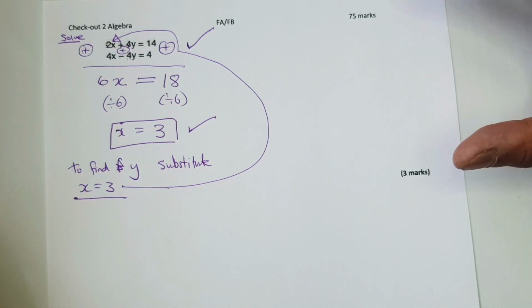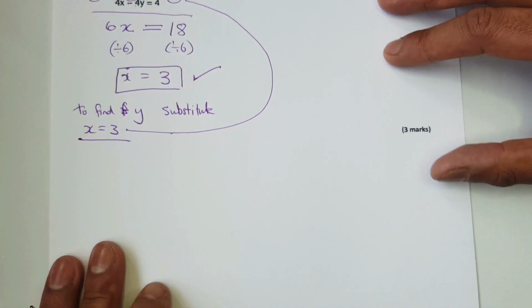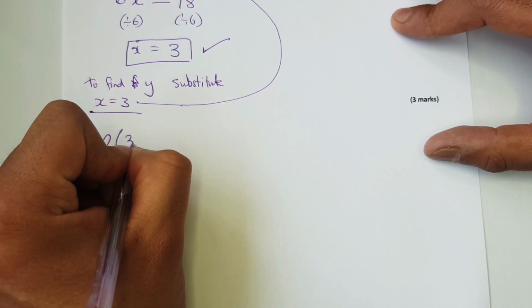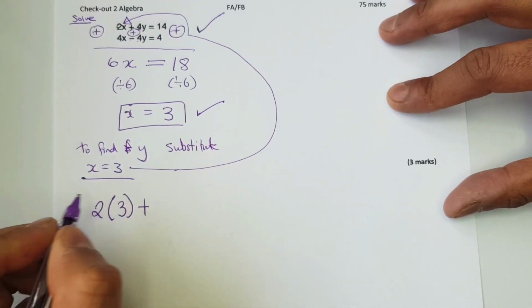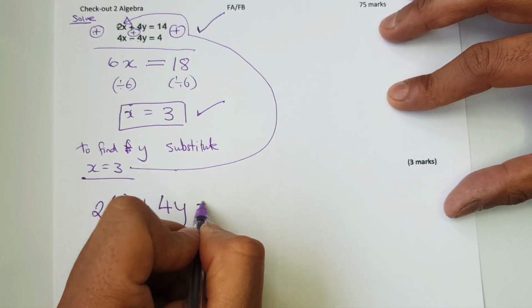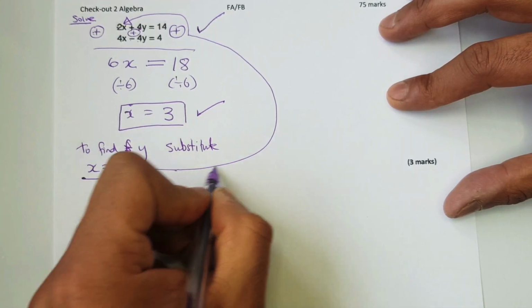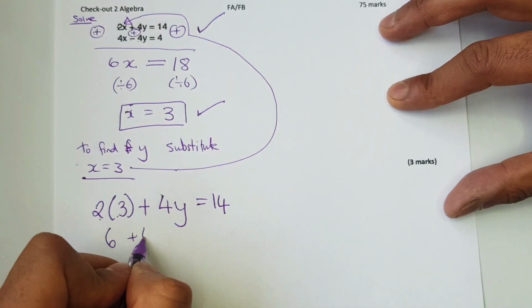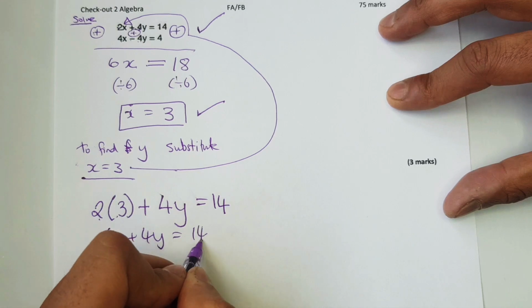You get the same mark even if you did the second one, so it doesn't matter. So you're going to substitute. So 2 times x, which is 3, plus 4y equals 14. So all I've done is put it into there. 2 times 3 is 6, plus 4y equals 14.